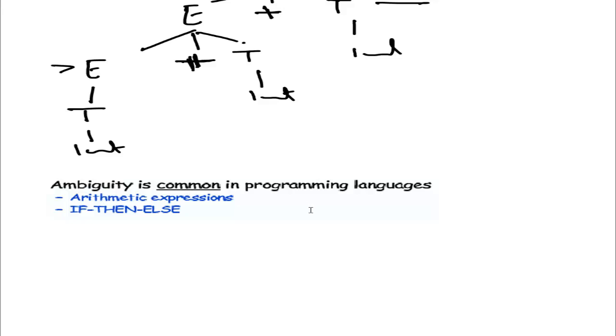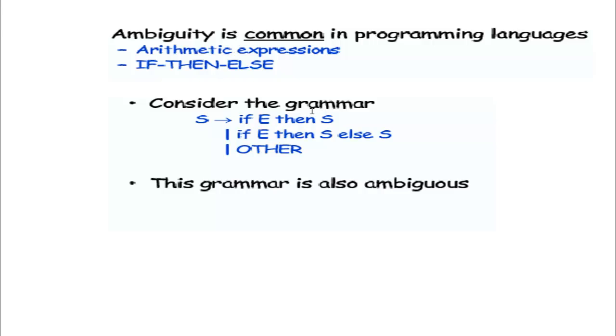Now, this ambiguity is common in the programming languages, not only in the arithmetic expression which we are discussing, but also in the if-then-else constructs. Let's try our hands now on the if-then-else and try to see what kind of ambiguity is there, how we can fix it. Now consider this grammar.